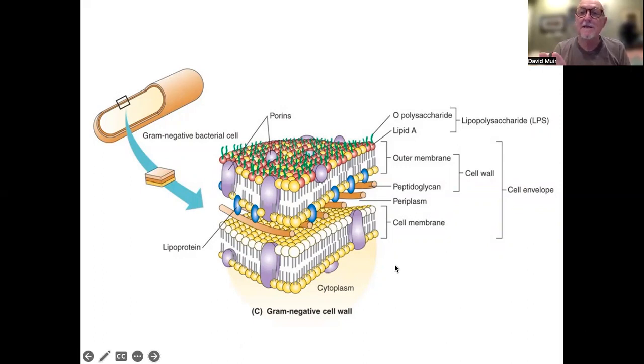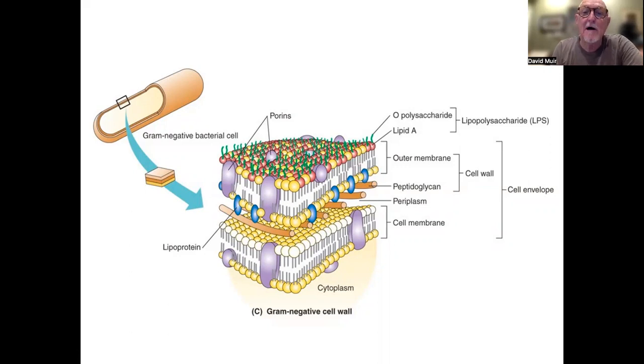Okay, so here are the basic features of the gram-negative cell wall. We've got a cell membrane, as always. We've got a thin layer of peptidoglycan. And then on the outside of the peptidoglycan, there is an outer membrane.